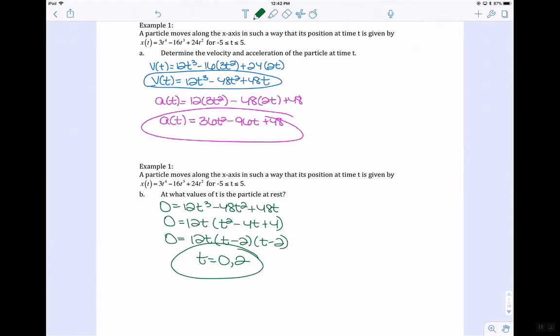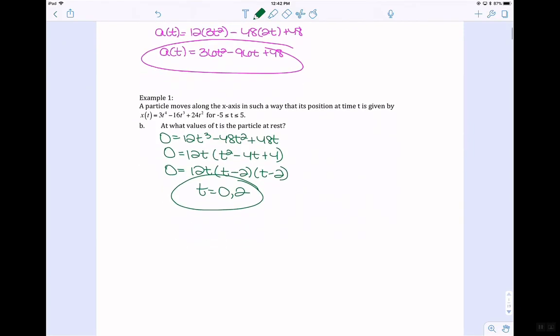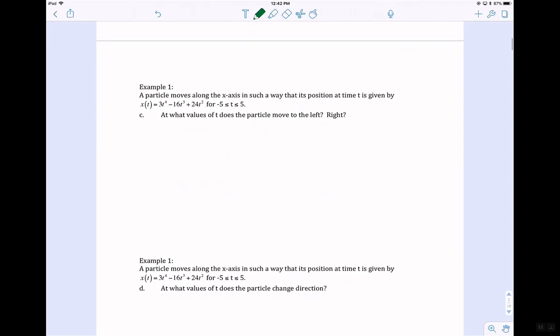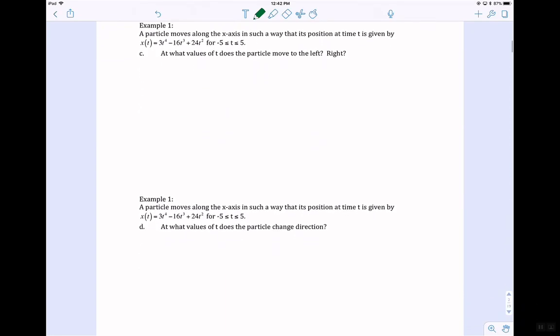Okay? So now, when does the particle move to the right and when does the particle move to the left? The particle is moving to the right when the velocity is greater than 0.